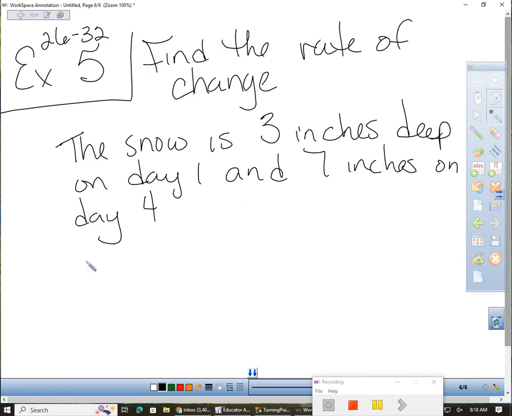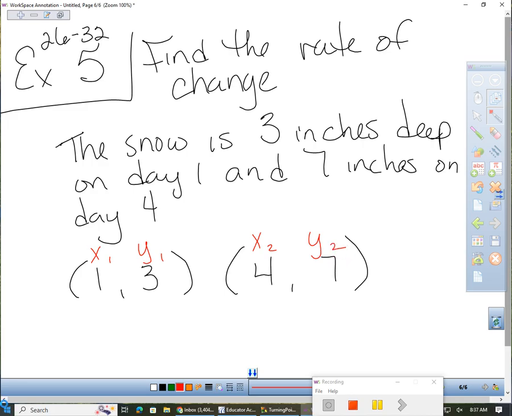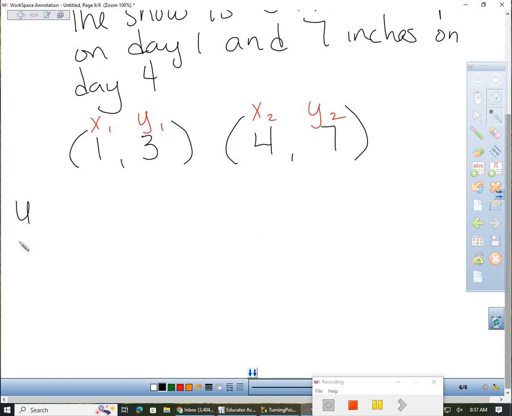So our first point is actually 1 and 3. Our second point, again, remember that x is always the time, that's 4 and 7. So this is my x1, y1. This is my x2, y2. Right? This is point 1. This is point 2.